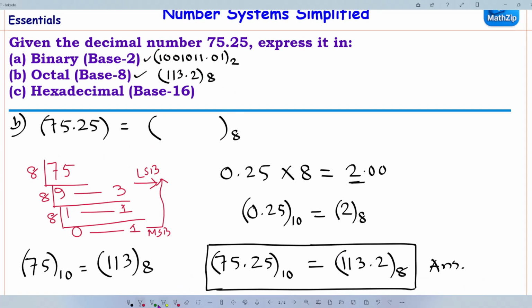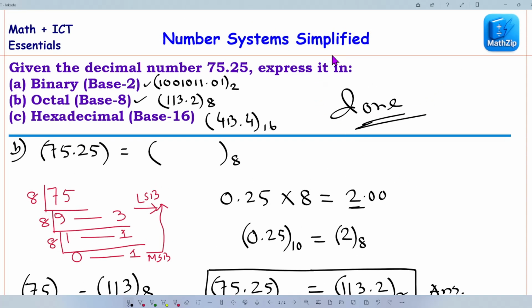If you handle the whole math carefully, you need maximum 5 minutes to complete these 3 conversions, right? So done, everything done. We will try to solve one more math on decimal number to binary, octal and hexa.